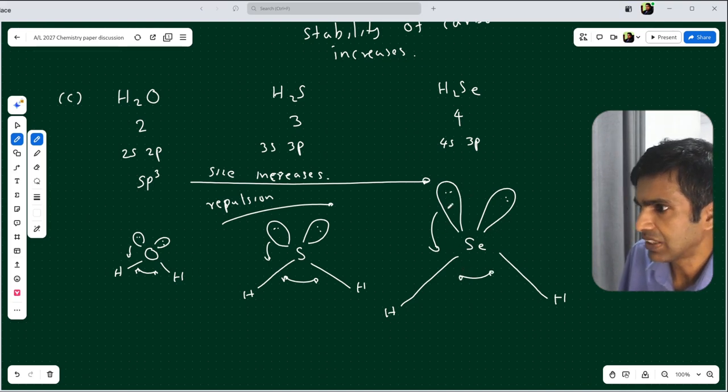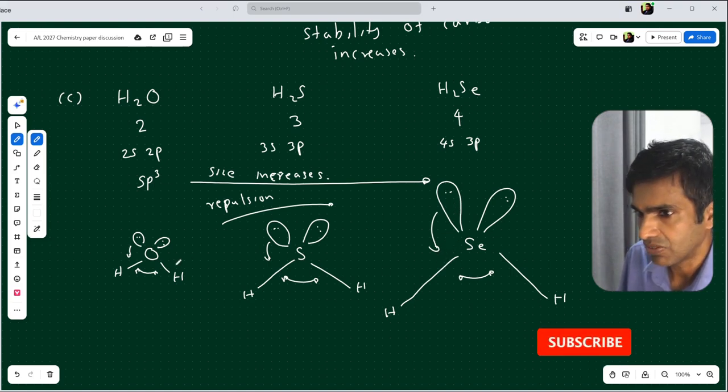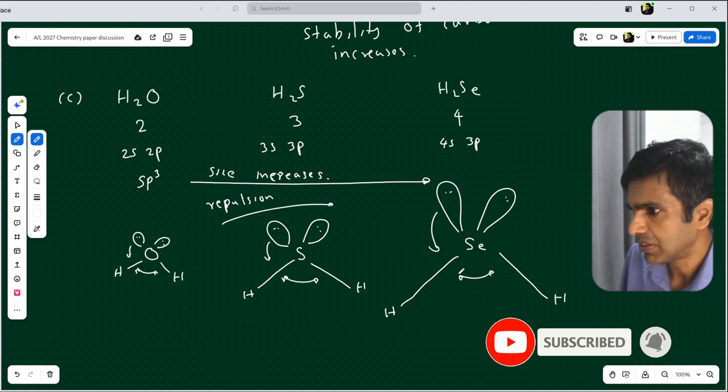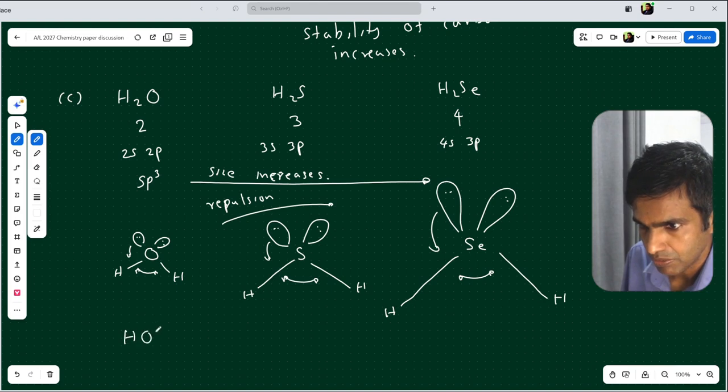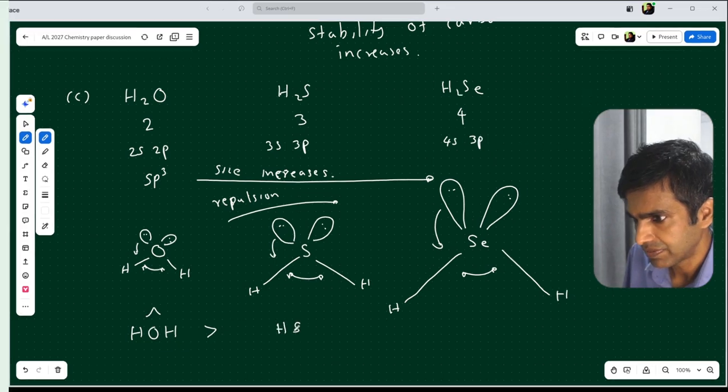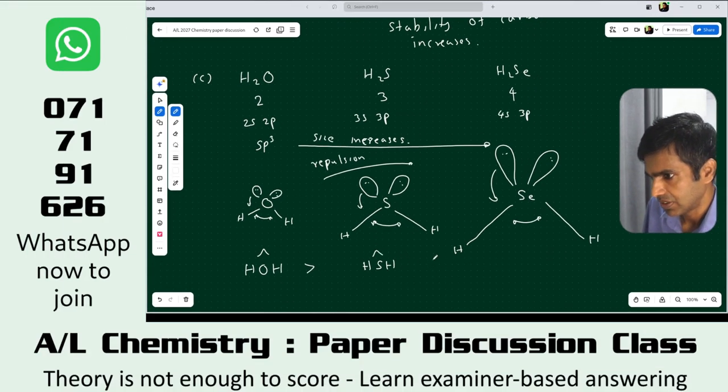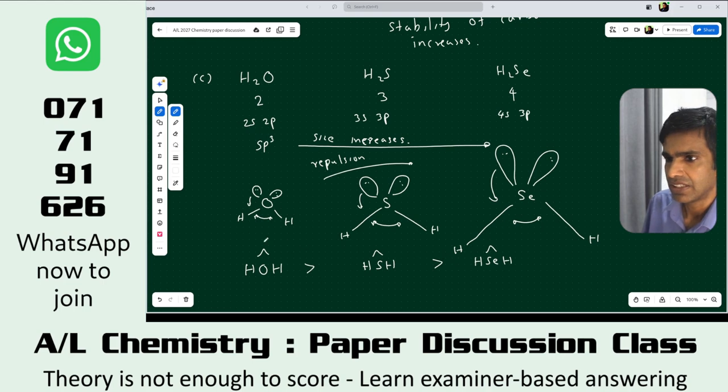When angles between paired electrons and bonding electrons increase, what happens? The angle between bonding electron pairs decreases. Therefore, bond angle in water molecule is greater than bond angle in H2S molecule. Bond angle in H2Se is the lowest among these three molecules. So that's how we explain the variation of bond angle in H2O, H2S and H2Se.